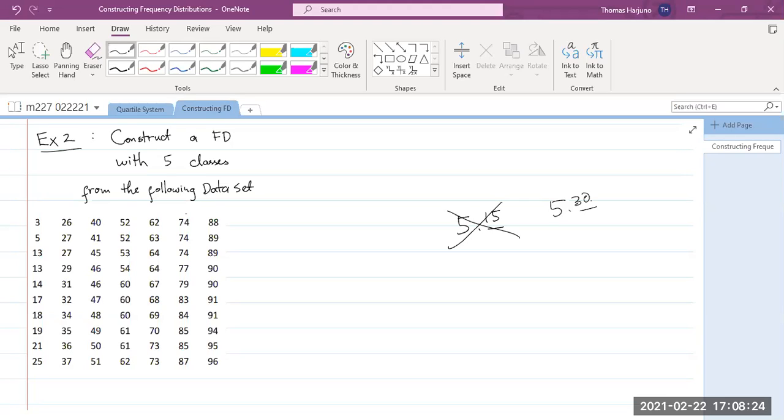But for now, this is basically the last missing link we need for putting everything together, at least up to what we have right now. Let me ask you to construct a frequency distribution with 5 classes using this data set. We come back at 5:30.